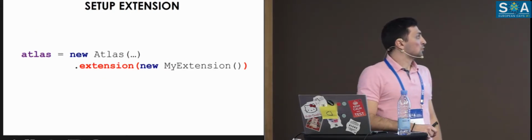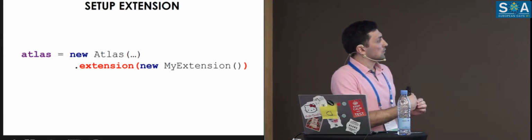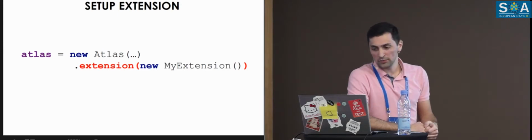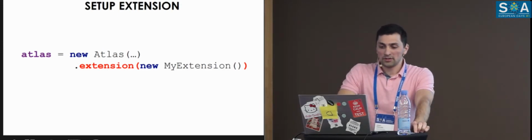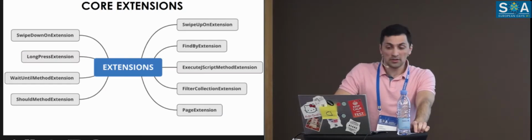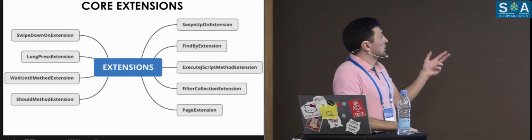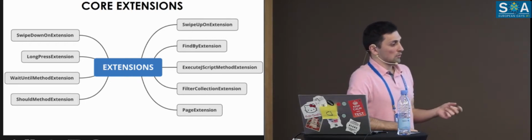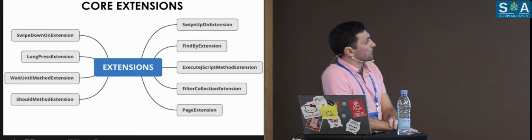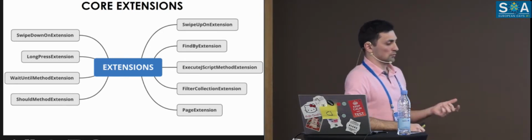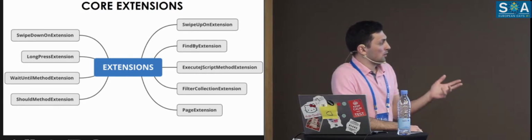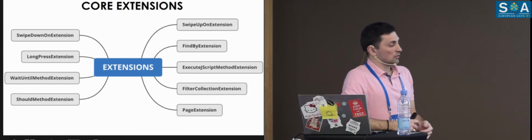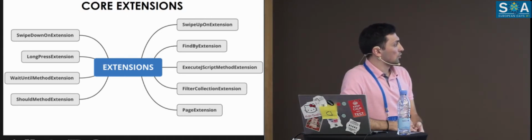And as I told before, Atlas consists of 3 modules, and 2 of them, Atlas WebDriver and Atlas Appium, consist of extensions. The most used of them are on the slide. For example, swipe down extension or swipe up extension. We use them when we want to swipe up or swipe down in a mobile application, and page extension we use when we want to manage our page objects.